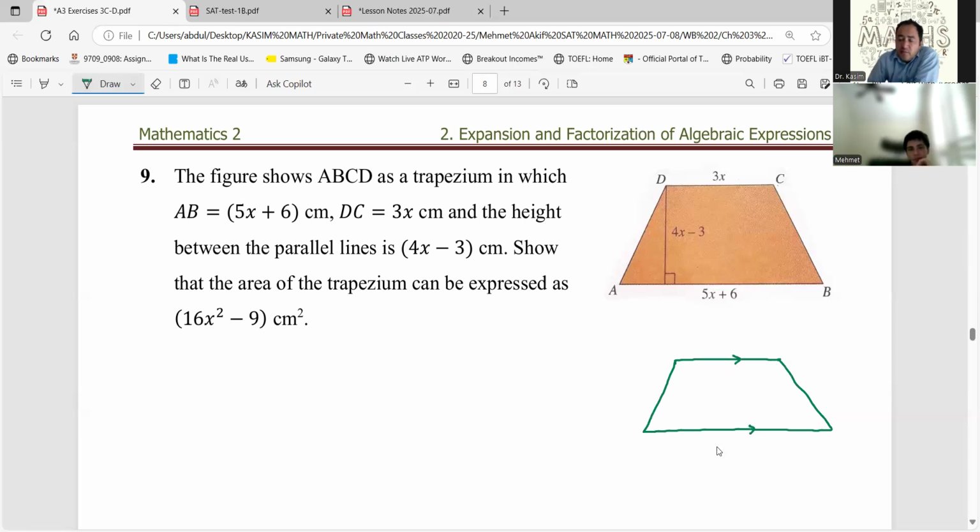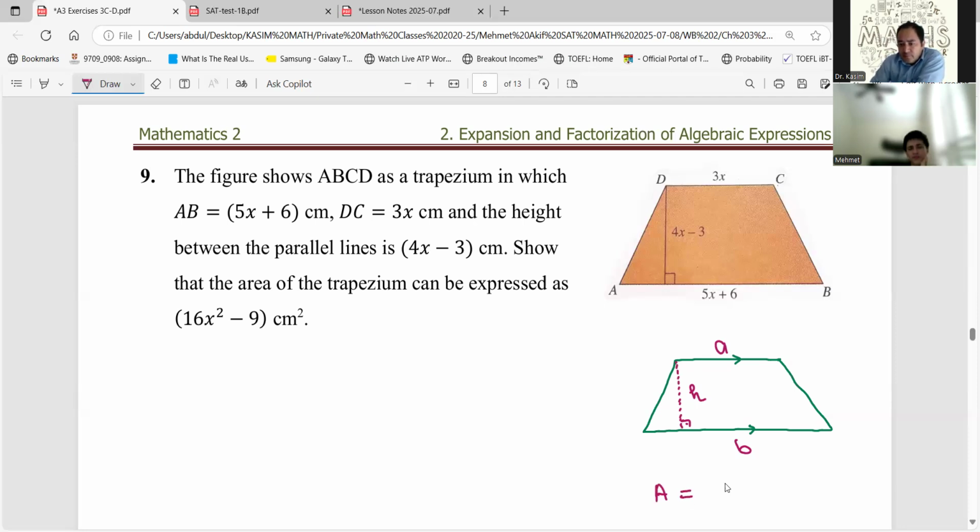It's a quadrilateral with one pair of parallel lines. Such quadrilaterals are called trapezoids. Suppose the length of the top is A, the length of the bottom is B, and the distance between the parallel sides we call the height, let's say H. Do you remember the area formula of trapezoid?